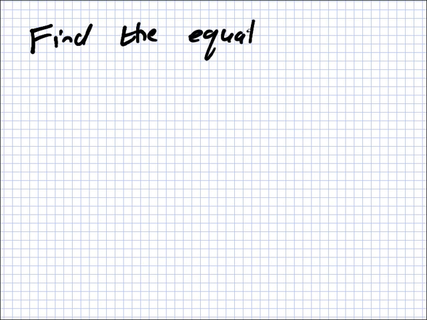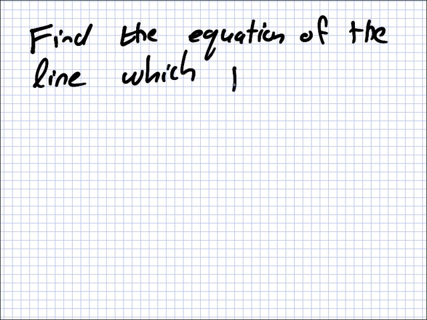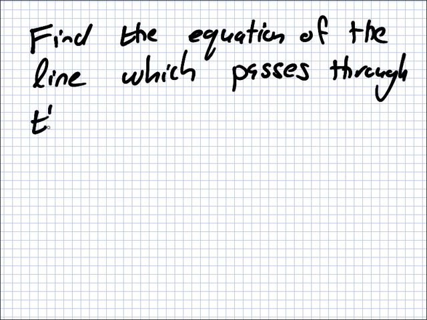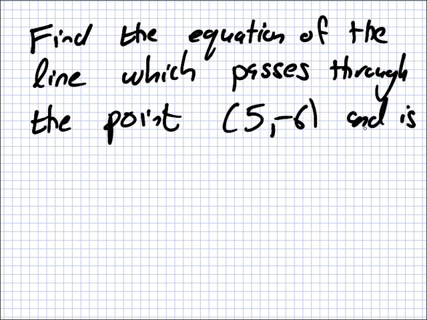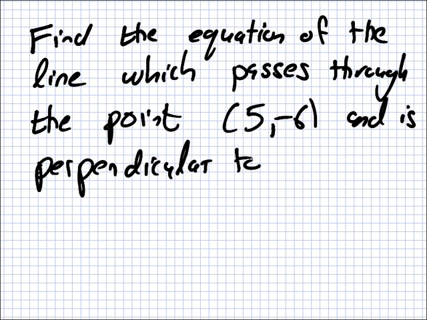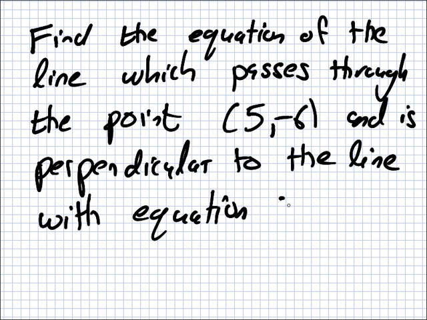Okay. So the question said, find the equation of the line which passes through the point (5, -6) and is perpendicular to the line with equation x plus 4y plus 1 equals 0.